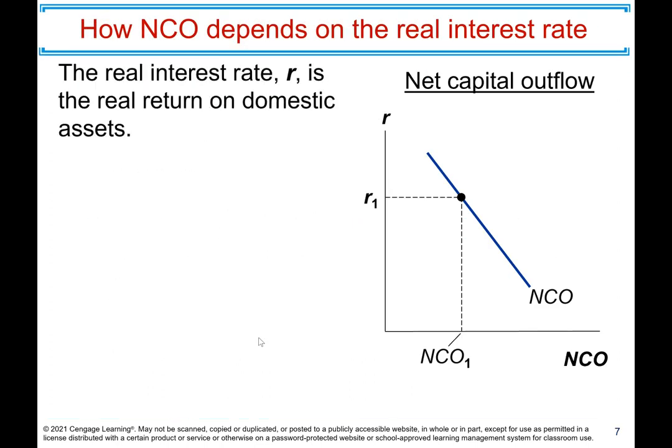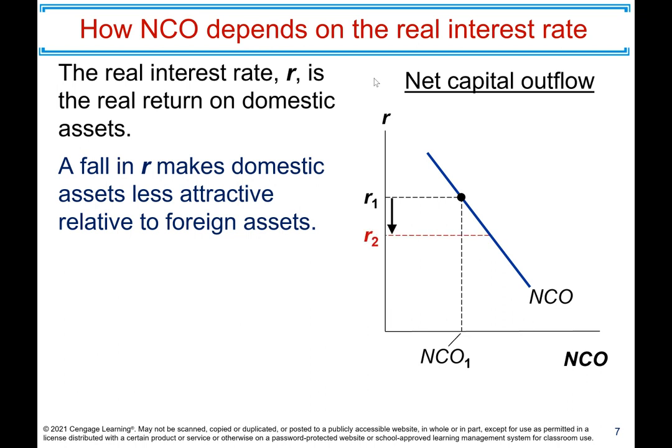How NCO depends on the real interest rate. This is a graph of net capital outflow, with the interest rate on the vertical axis and NCO on the horizontal axis. The real interest rate R is the real return on domestic assets.